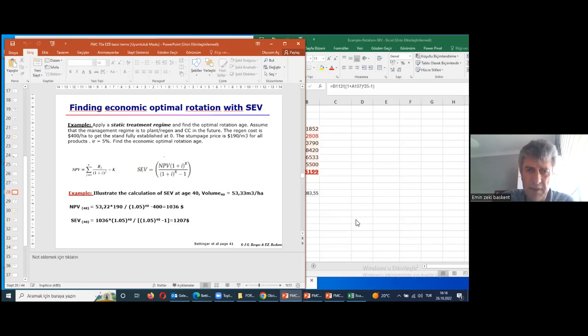The example says that we'll apply a static treatment regime, the same set of treatment regime, and find out the optimal rotation age.